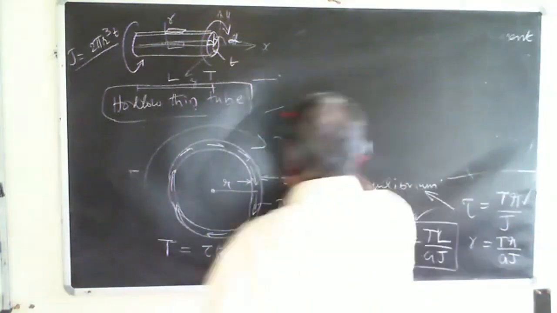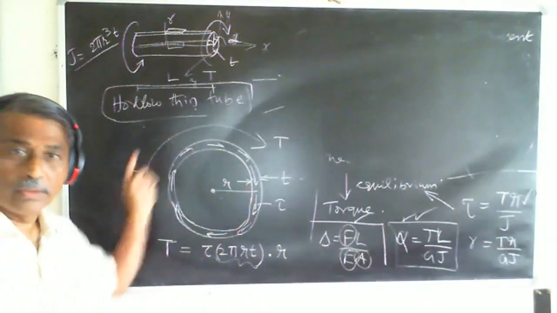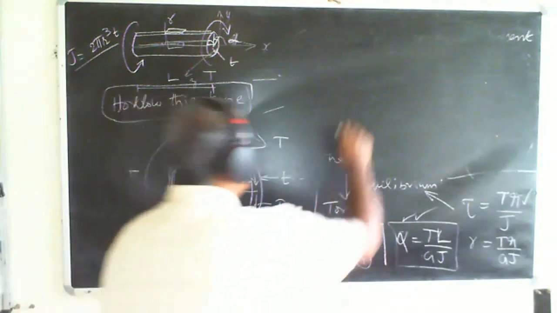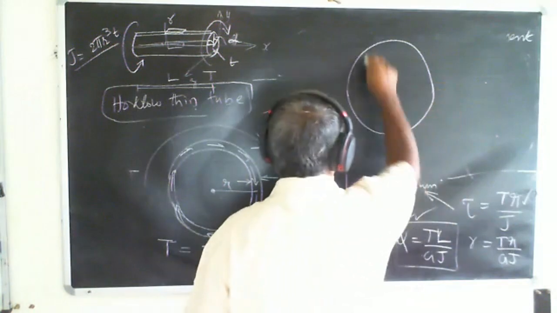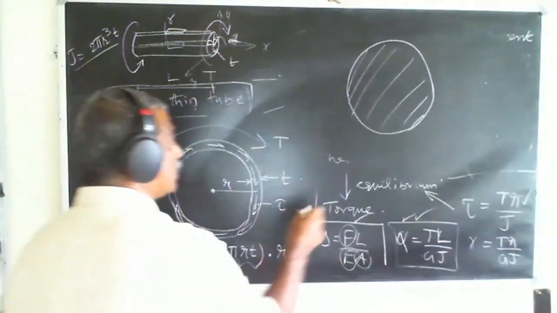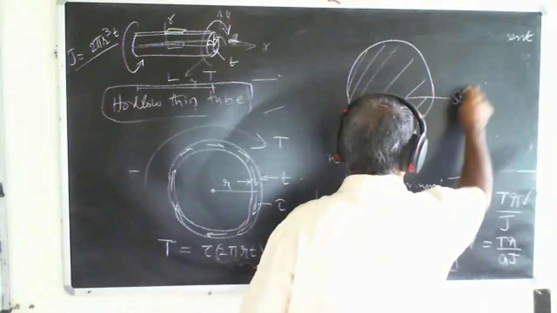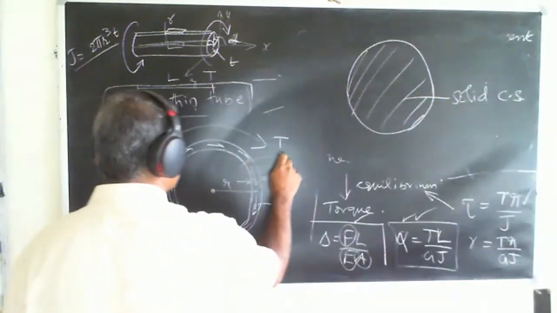What did we solve for? We solved for a thin, hollow tube. But now I want to find out for a solid cross section. This is a hollow cross section.